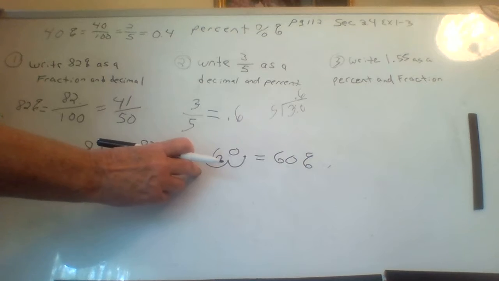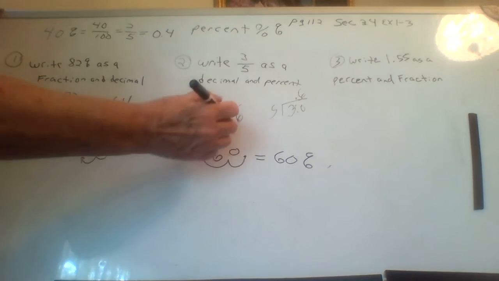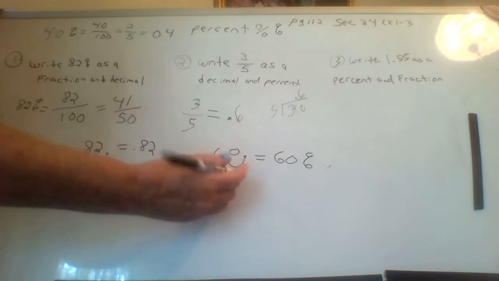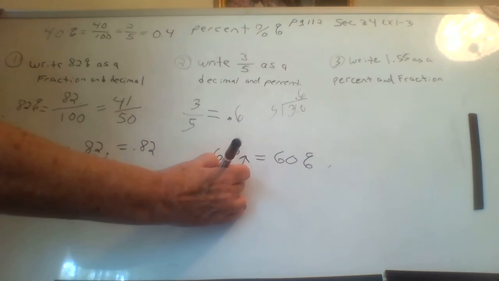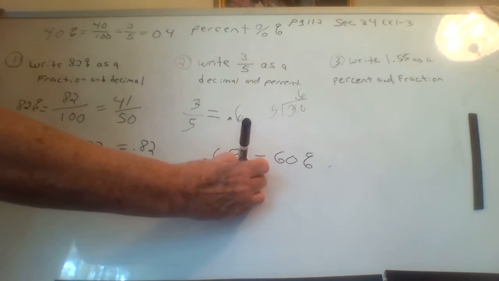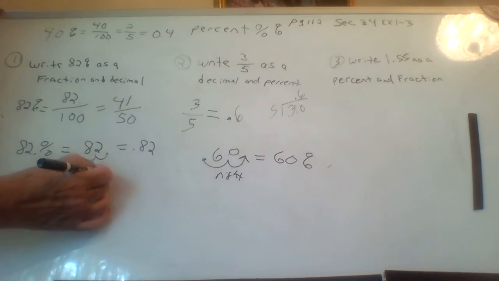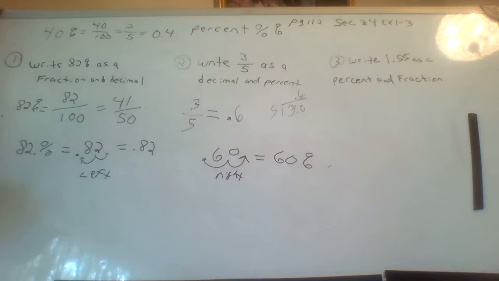So actually what you're doing is you're multiplying this by 100. All right, and when you multiply by 100, you move the decimal to the right 2 places. When you're dividing by 100, you're moving the decimal to the left 2 places.